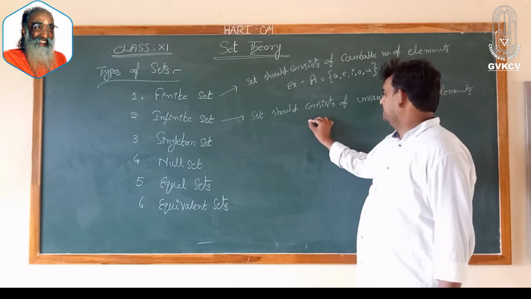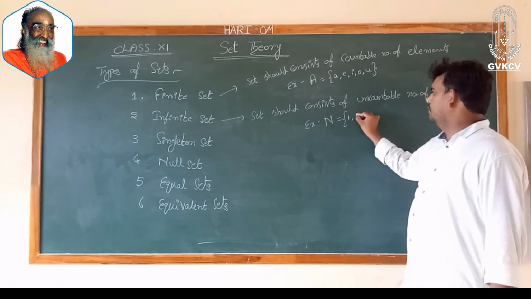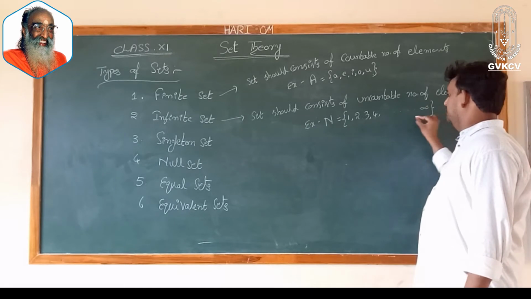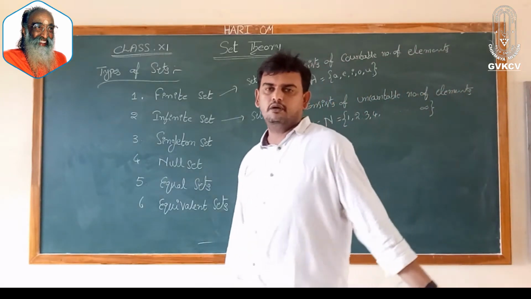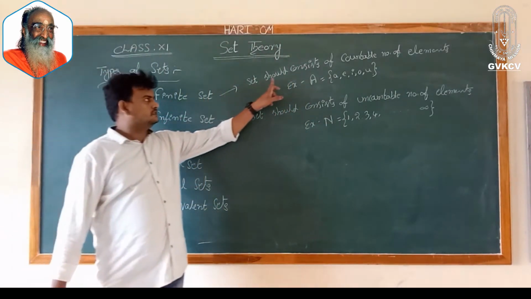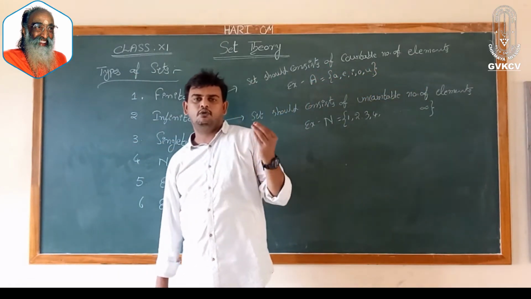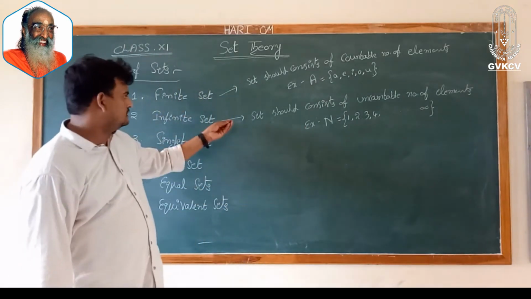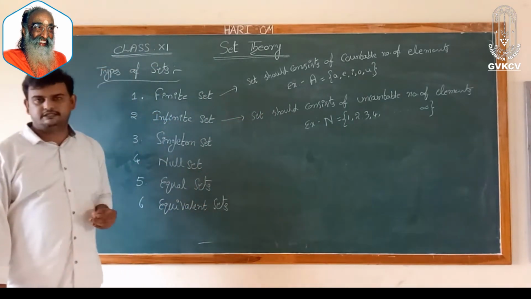For example, the set of natural numbers. How many natural numbers we have? 1, 2, 3, 4 and so on to infinity. Here the number of natural numbers is uncountable. That is nothing but called infinite set. So finite set means the set should consist of a countable number of elements. In which set you have a countable number of elements, that set is called finite set. In which set you have an uncountable number of elements, that is called infinite set.